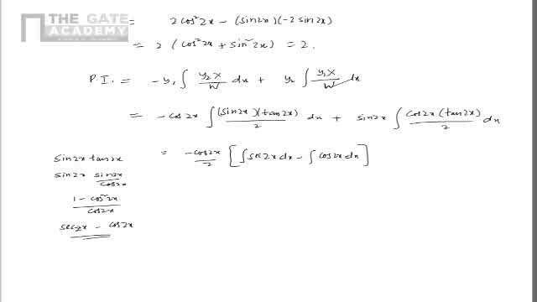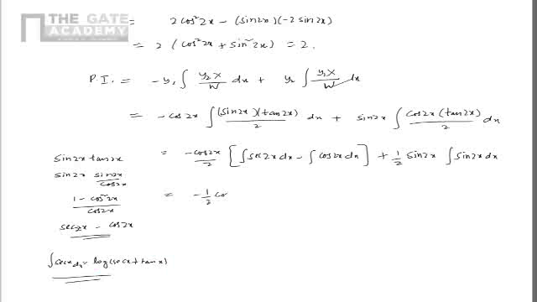Similarly here, it becomes quite simple, because tan 2x is sin 2x by cos 2x, so it becomes sin 2x dx. Integral of secant x is log of secant x plus tan x. This is one which you should know.